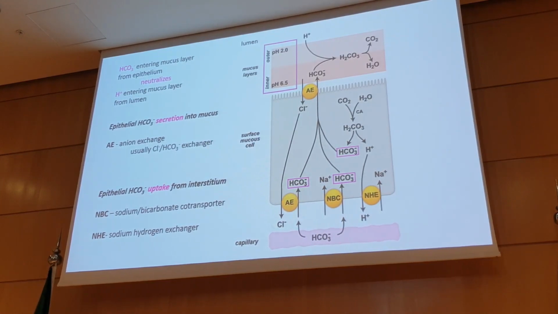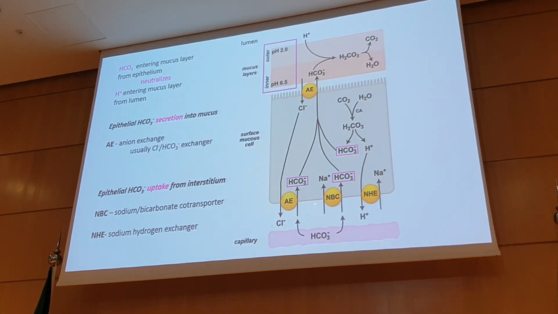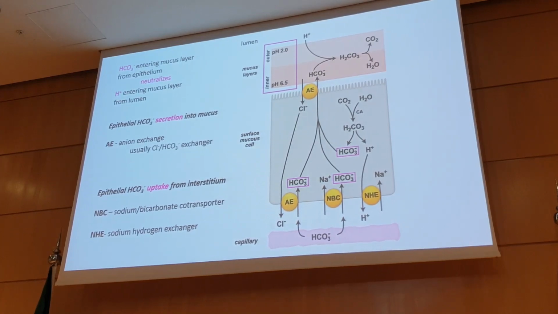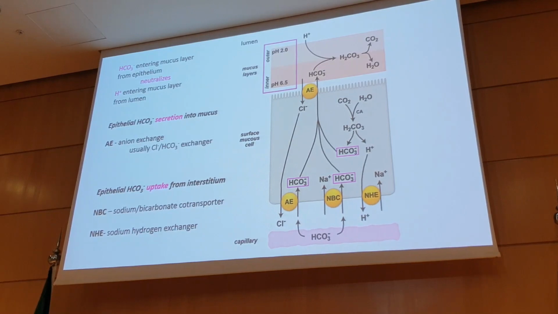Here you said hydrogen exchanger and sodium bicarbonate co-transporter. So they're exchangers. Yeah, the exchangers are always for the same charge. What I'm trying to say is a generalization. You'll run into some examples, for example, sodium 2 bicarbs, but you have to balance that cell.